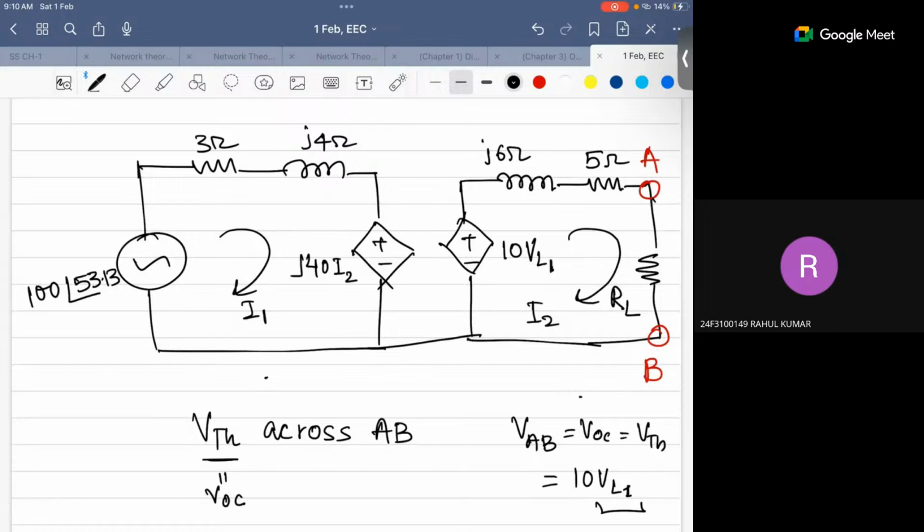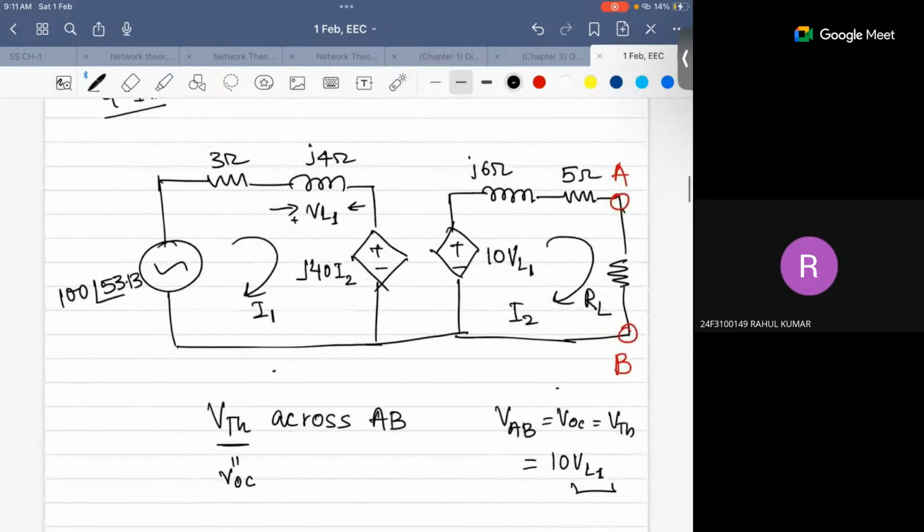So VL1 will be the voltage across, I guess you can just take it as 3 ohm, or let's take it as this one. VL1 is the voltage across your inductor. Now you have to calculate V Thevenin across this load resistance, the open circuit voltage.